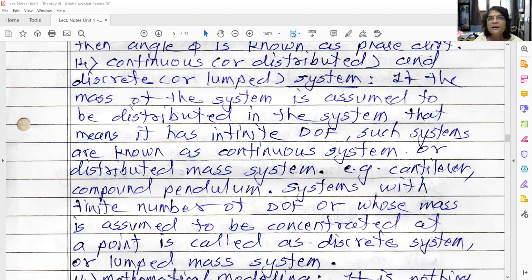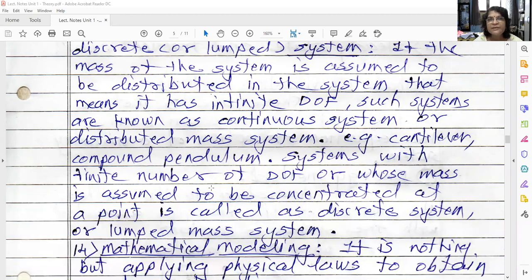The other is the discrete or lumped mass system. If the mass is assumed to be concentrated at a point, we are treating it as a point mass, that is known as a discrete or lumped mass system. It is very easy to analyze vibrations in a lumped mass system because only simple differential equations are necessary to determine the equation of motion or the natural frequency.